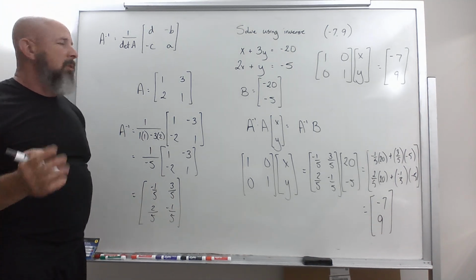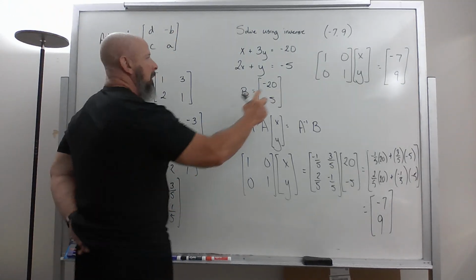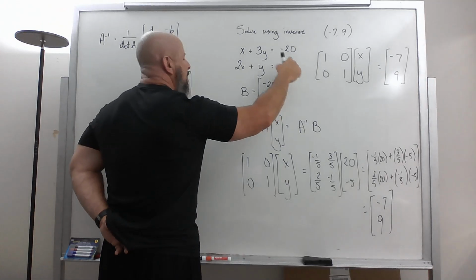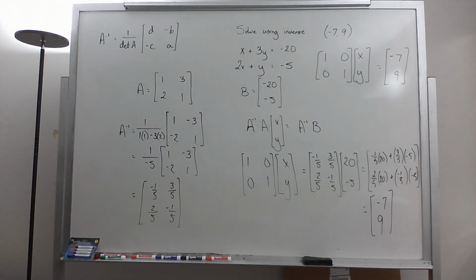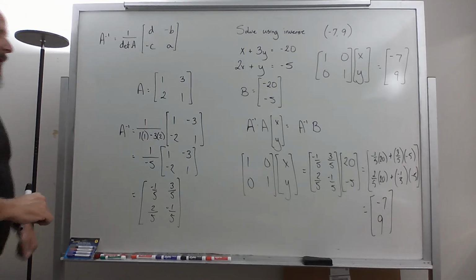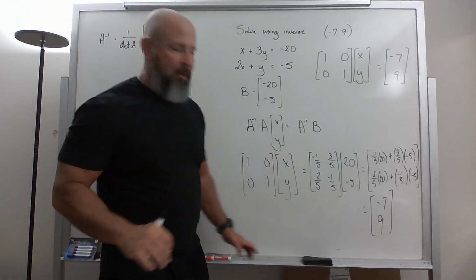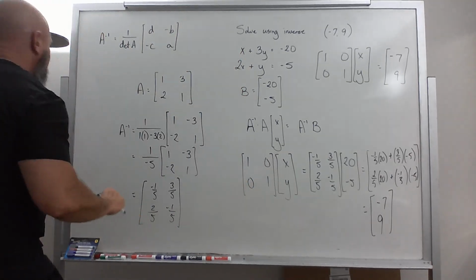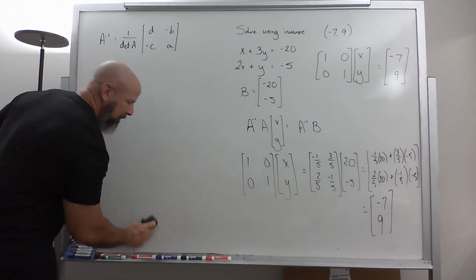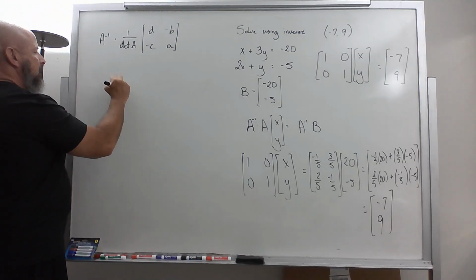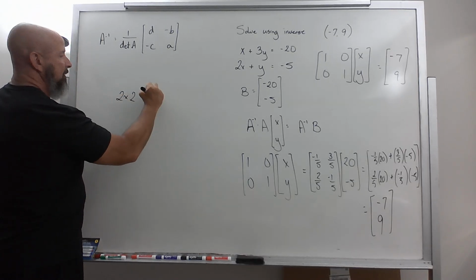So solving by inverses, what I want to remember is I want to multiply the answer matrix by the inverse of that original 2 by 2. And when I write that, I always want the inverse on the left side. Okay? That goes back to our multiplying. So in this case, our inverse is a 2 by 2, so I have a 2 by 2 times my B matrix, which is a 2 by 1.